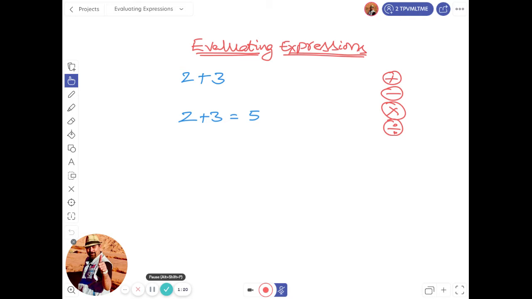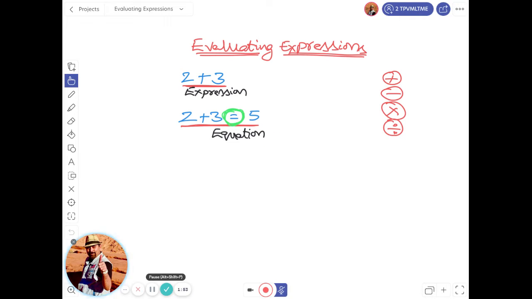Now, if I'm applying any of those fundamental operations, whatever is formed is called an expression. Whereas if I'm taking 2 plus 3 equals 5, in this case, you see that there is an equal to symbol. Then I call this one an equation.